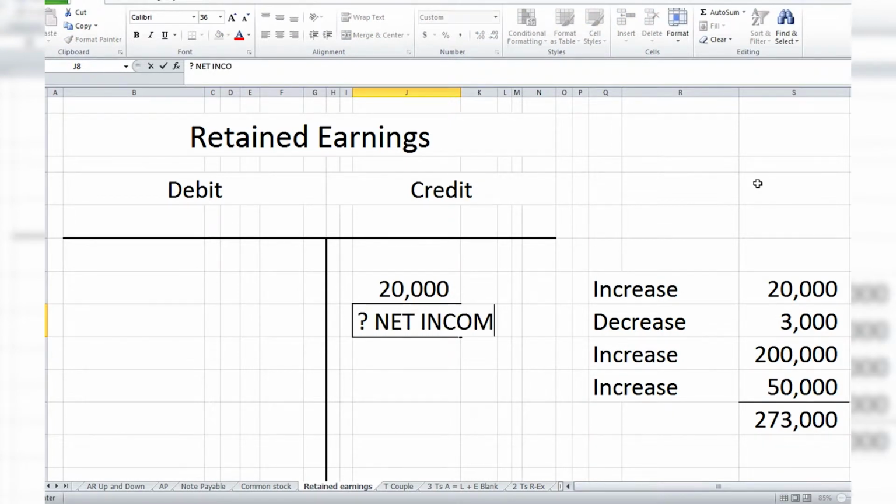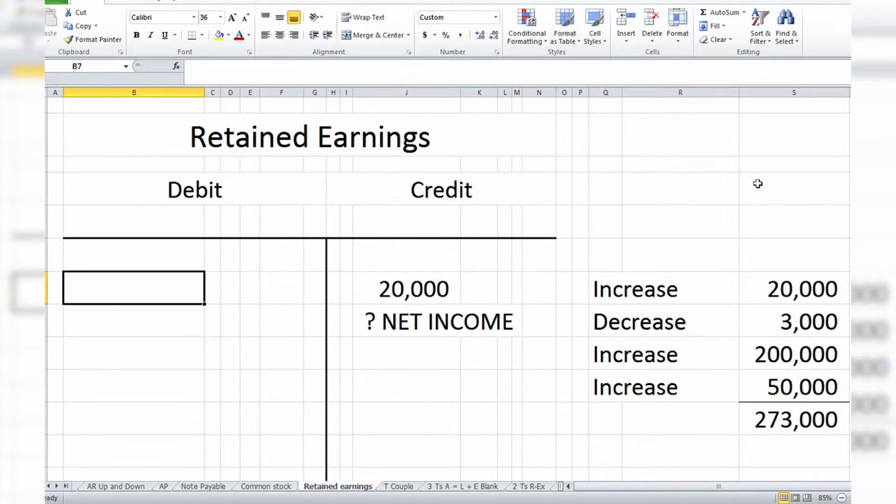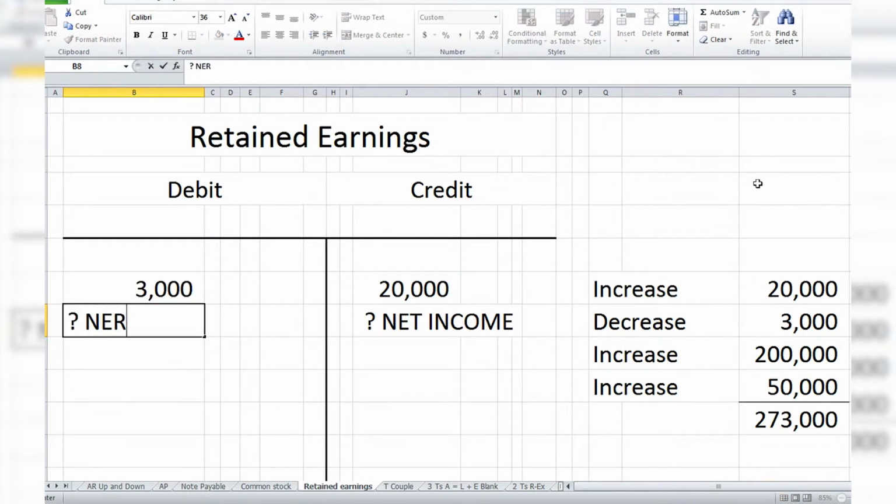That would be net income. Great. Now to decrease retained earnings, what would that be? A net loss. All right. That explains how these transactions came about.